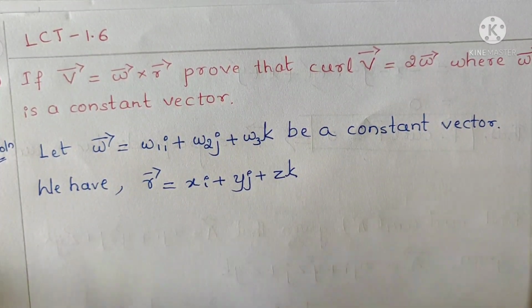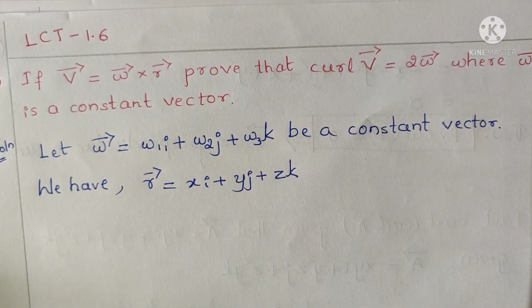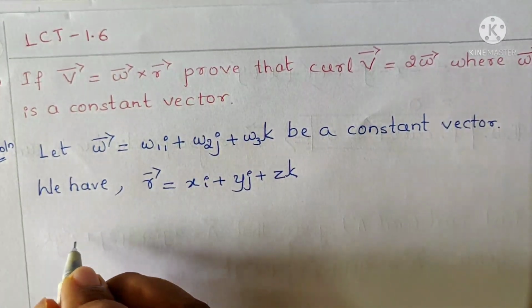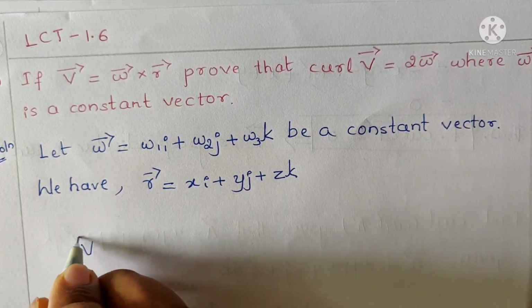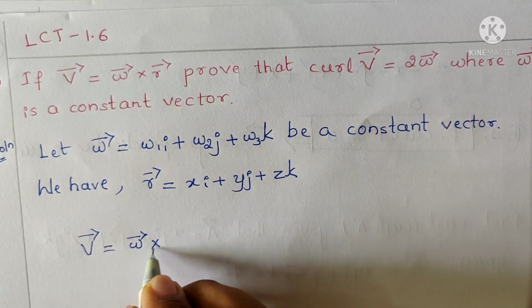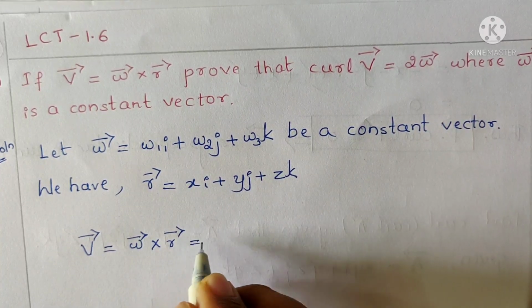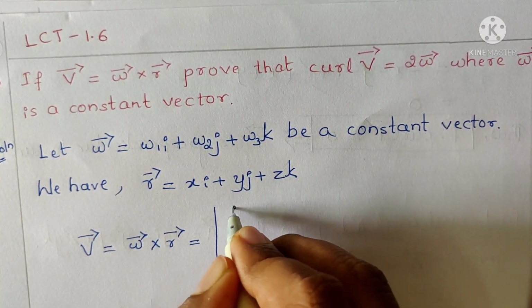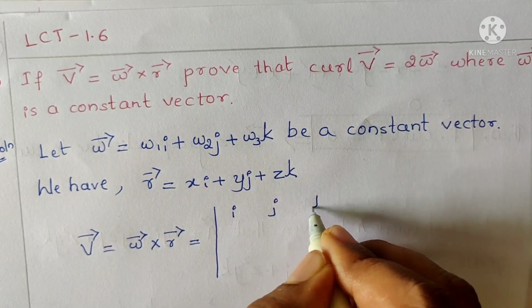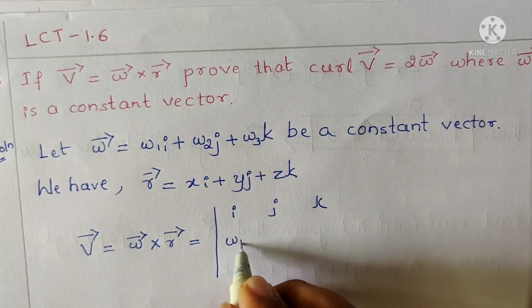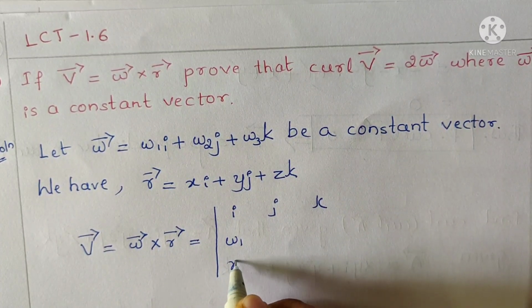So now vector v is equal to w cross r. So vector v is equal to vector w cross vector r. So this is equal to the determinant of i, j, k. For these two vectors, the coefficient of i is w1 and here it is x.